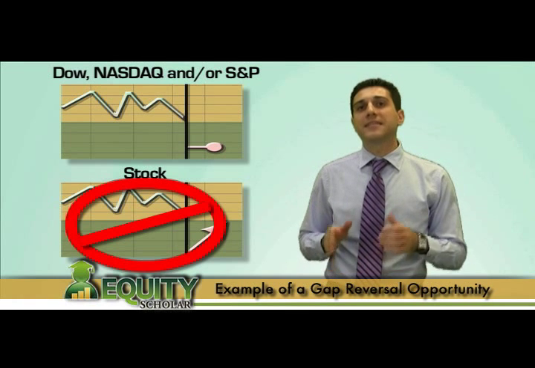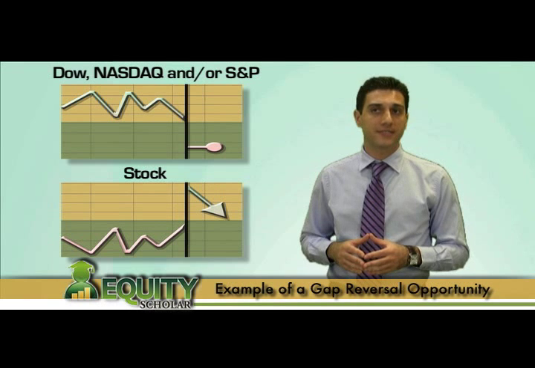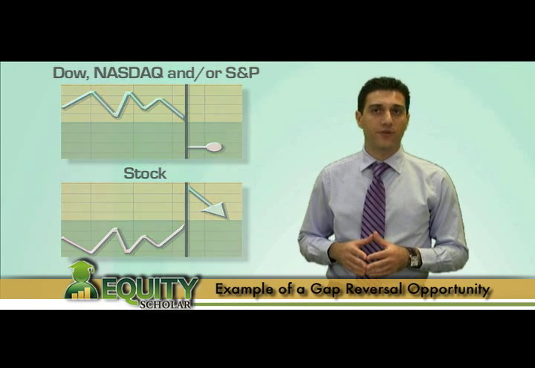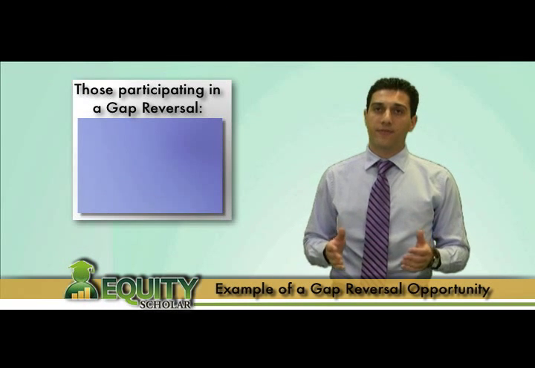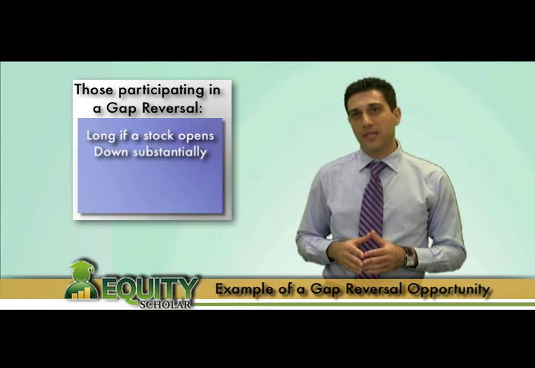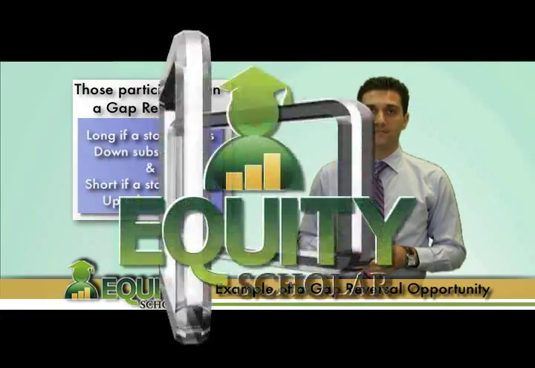However, if the stock opens up, then traders may seek to fade or reverse the stock, as it is potentially a good candidate for a gap reversal. Basically, those who participate in a gap reversal go long if the stock opens down substantially and go short if the stock opens up substantially.